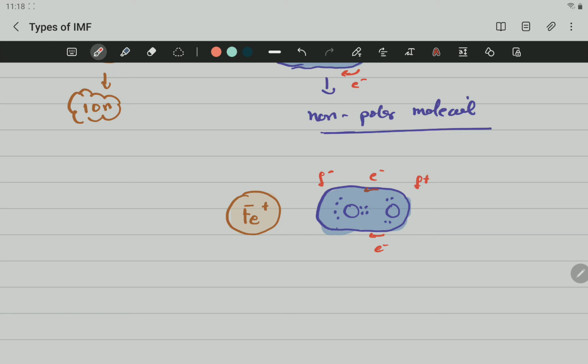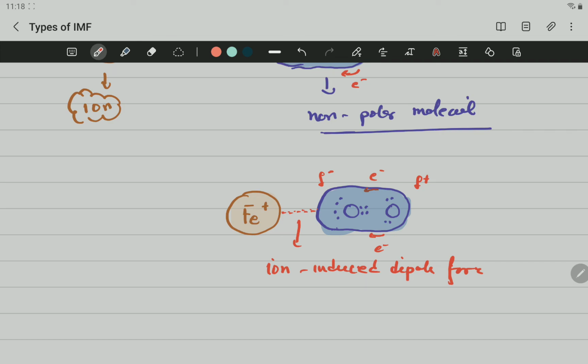When this happens, the force of this positive ion with the nonpolar molecule becomes an ion-induced dipole force. So this positive ion is making the molecule of oxygen, which is nonpolar, to be polar. And this force that keeps them together is called ion-induced dipole.